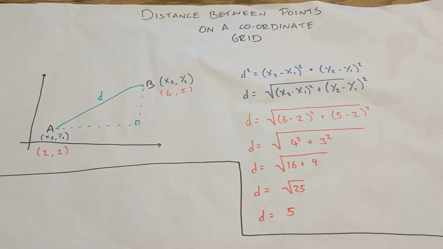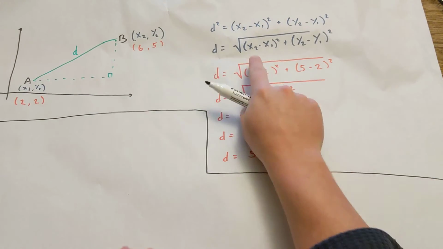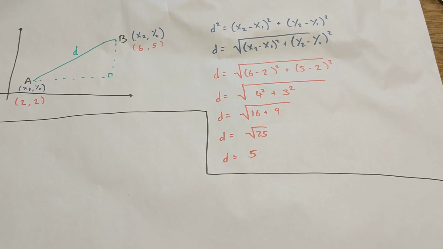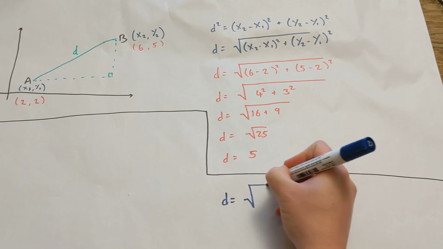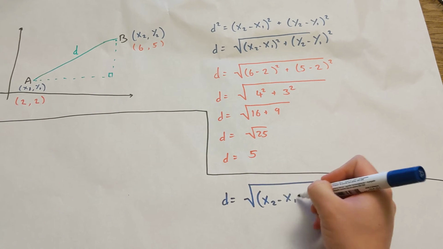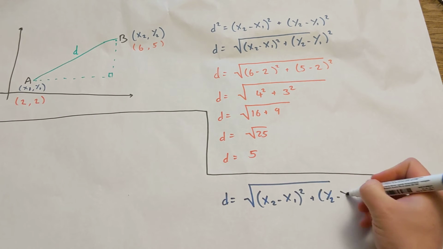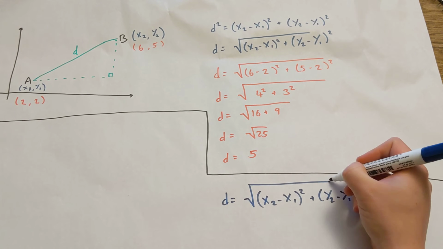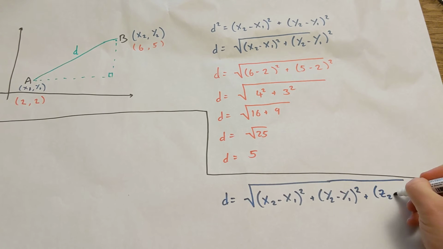So, just like up here, we said the distance there for 2D. If we were looking at this in 3D, our distance then would be the square root of x2 minus x1 all squared plus y2 minus y1 all squared, and then we just add in a bracket for the z's, plus z2 minus z1 squared.